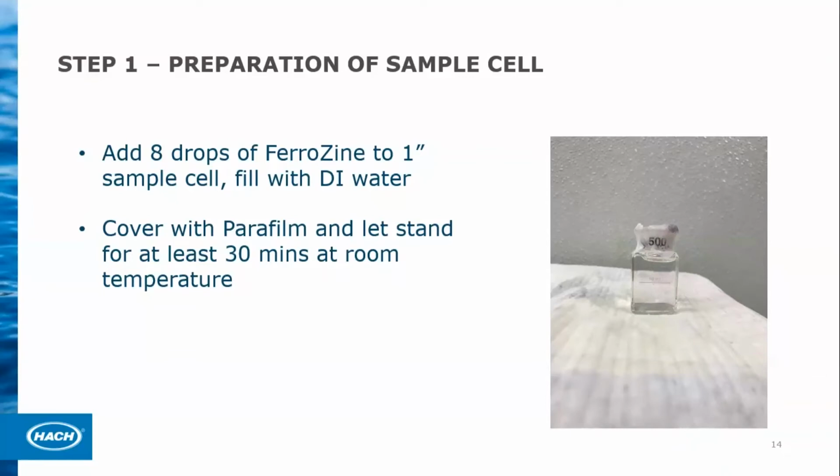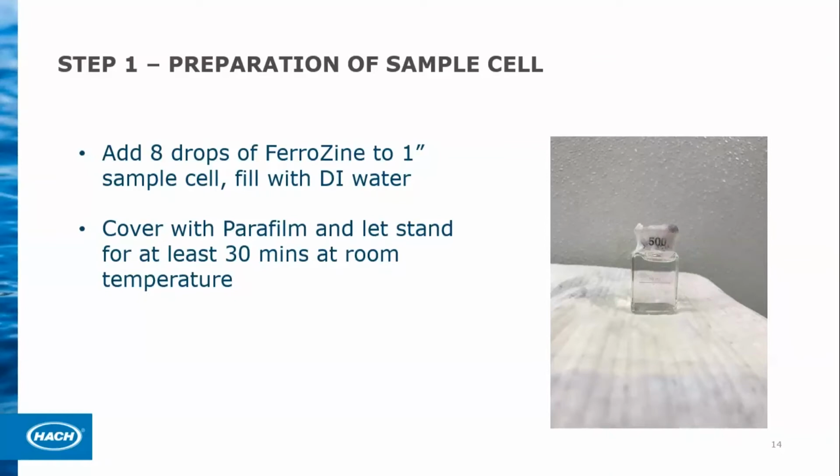So we talked about using nitric before. Now here, instead of using nitric, we're going to use the Ferrozine reagent itself. The Ferrozine reagent is very low in iron, meaning a negligible amount of iron is present in it.